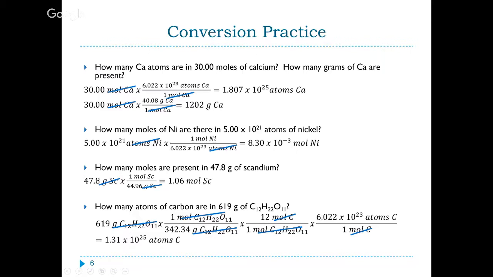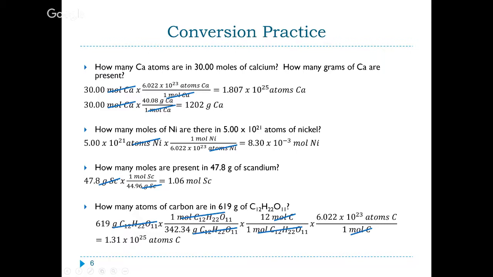So I start with my given information, 619 grams. I have to find my moles first, then I can find a particular number of atoms. So initial mass, 619 grams. I calculate my molar mass by simply adding up all of the masses of the atoms I have present.